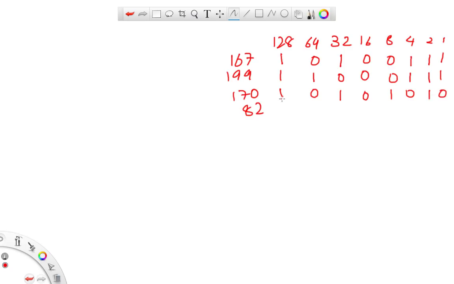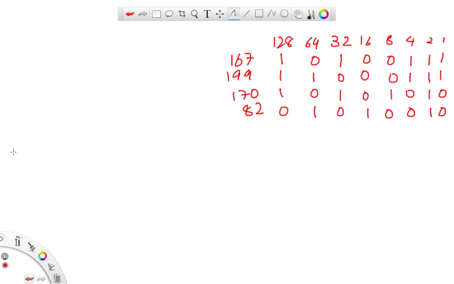For 82, you can't have 128, but you can have a 64. You have an 18 left. So you have ones of 16, 17, 18, and all the rest are zeros.